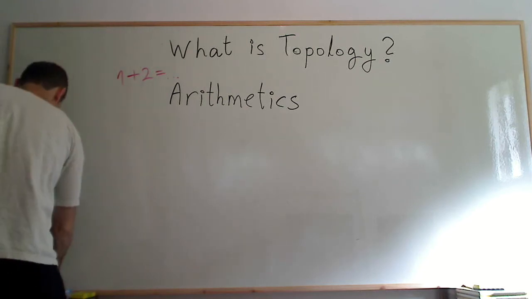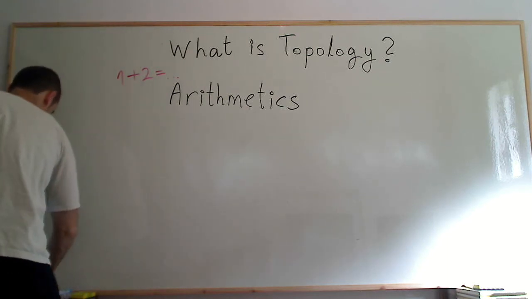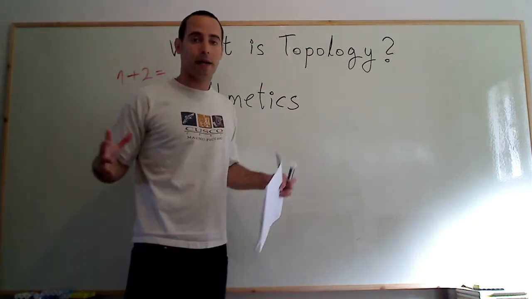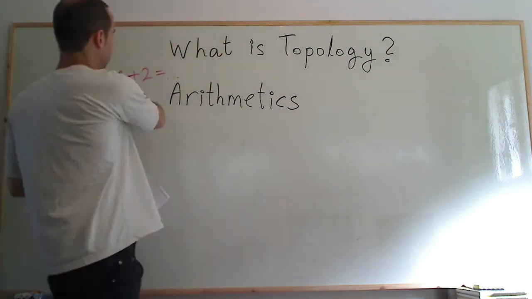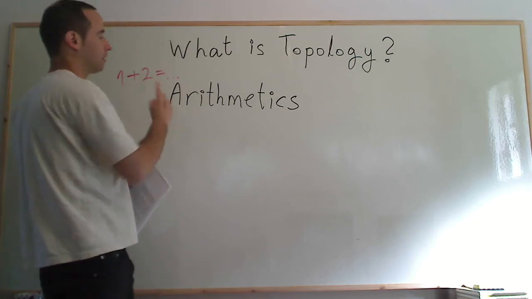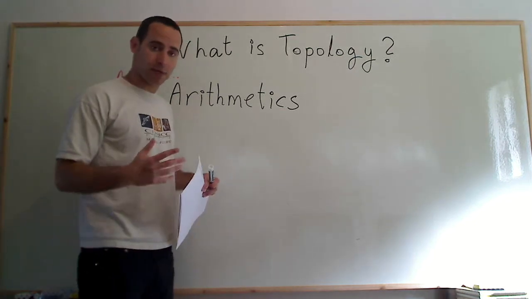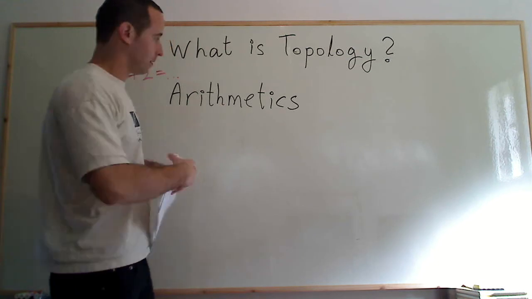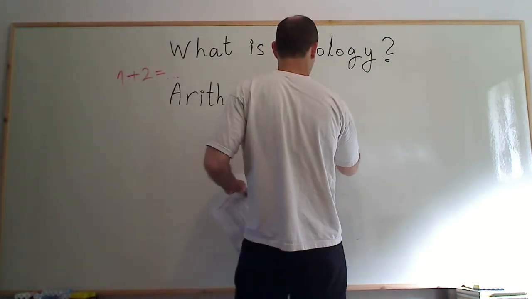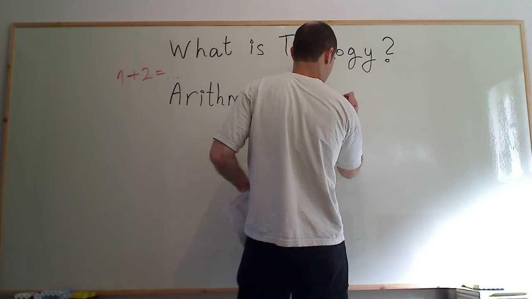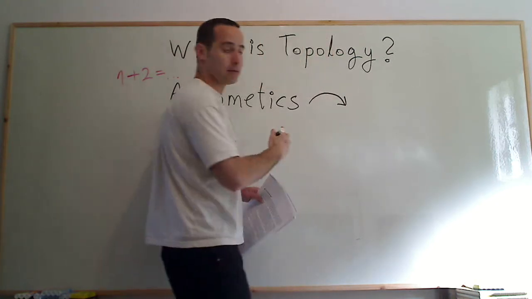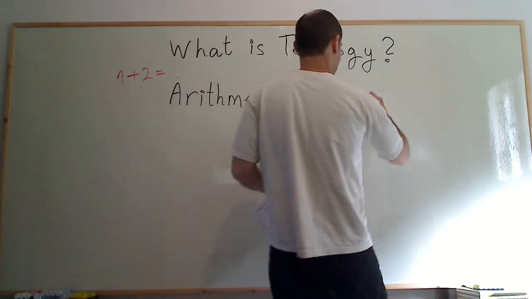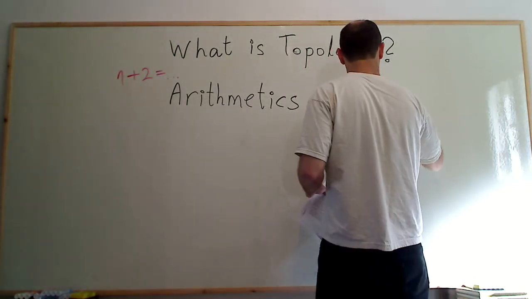So if we make a generalization, we don't just want 1 and 2, maybe we want 2 and 3, or some other numbers. We want to make it more general with x and y. So this arrow will represent making it more generalized. We have algebra.